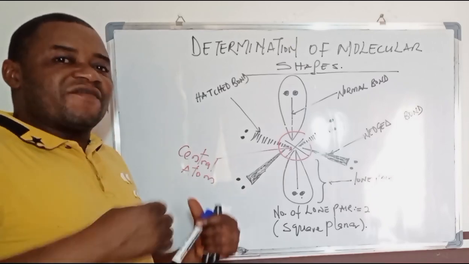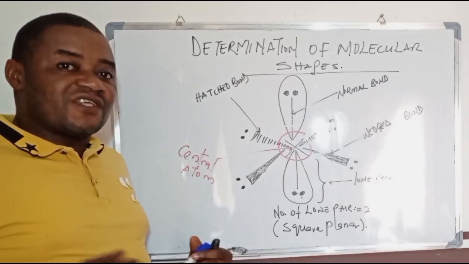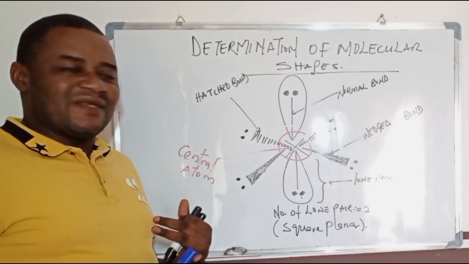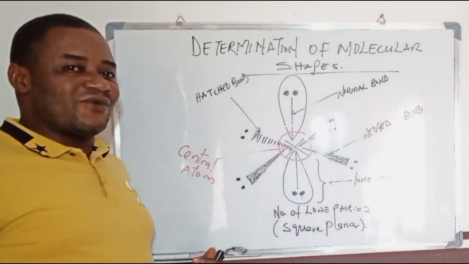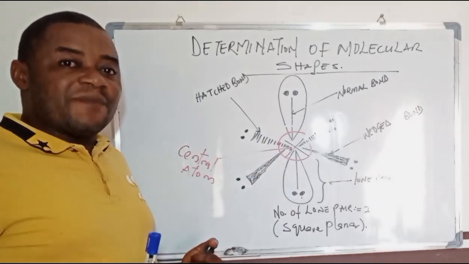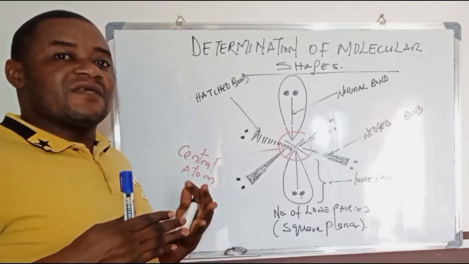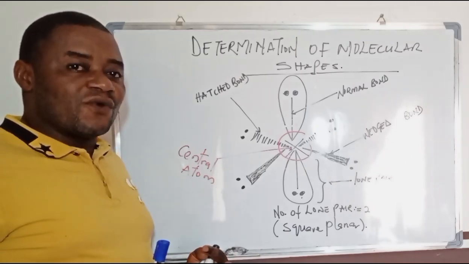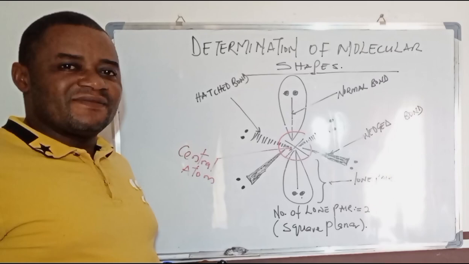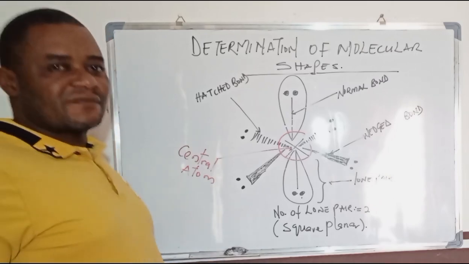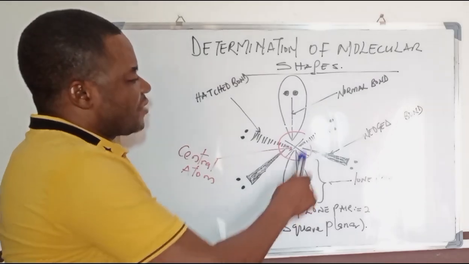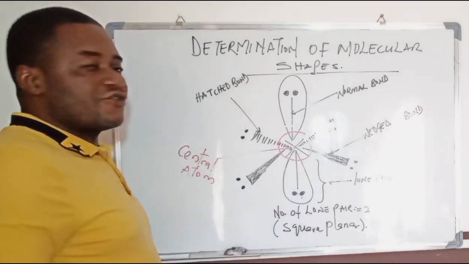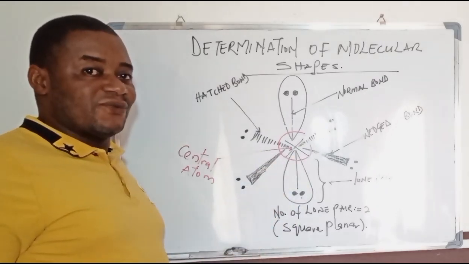In that case, they have a longer stretching, and that stretching affects the bond angle, the bond length and the structure. Because of that, it determines more the structure or the geometry, or the shape of molecules. Now I want us to know that around the central atom there is what you can call an electron cloud, an electron charge cloud.